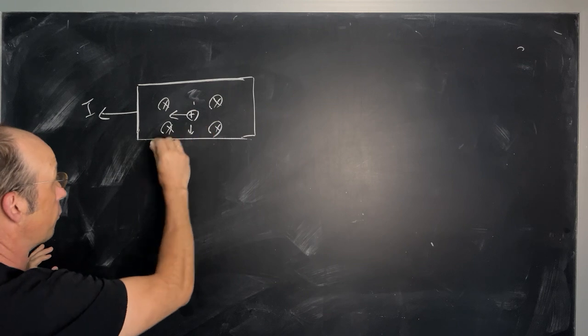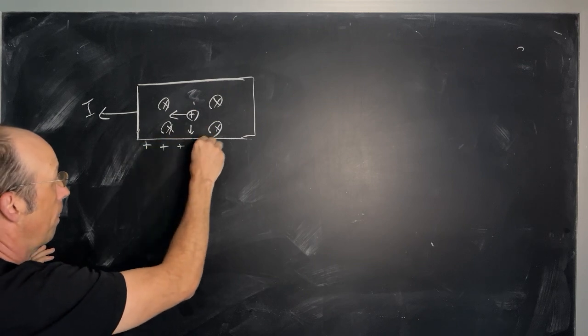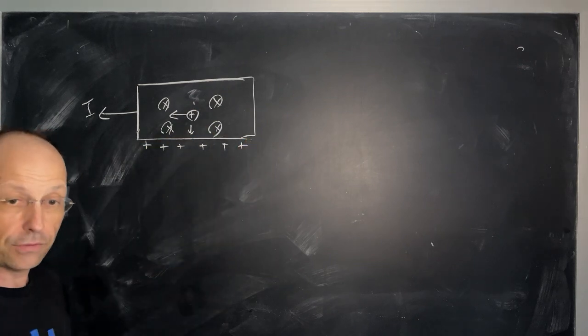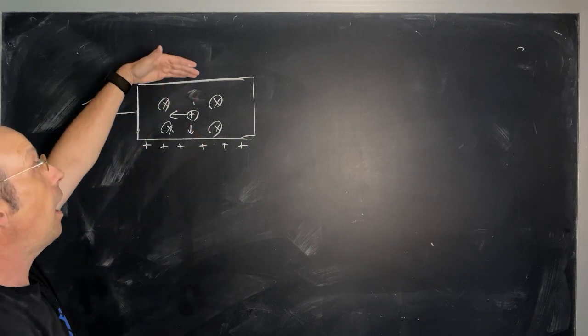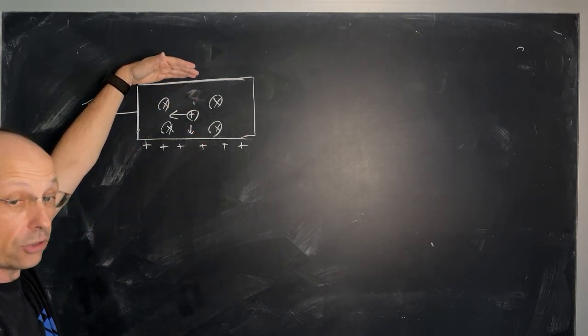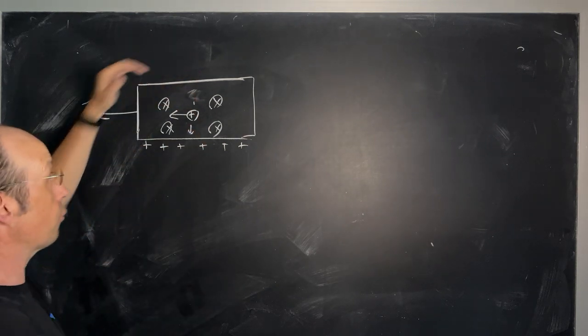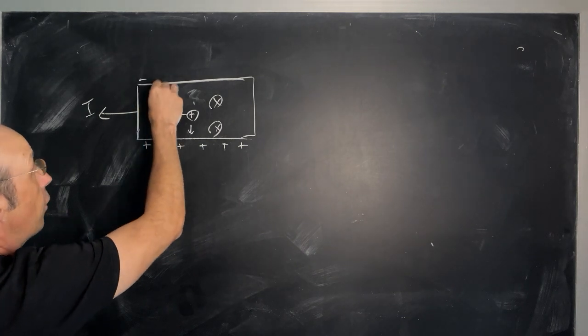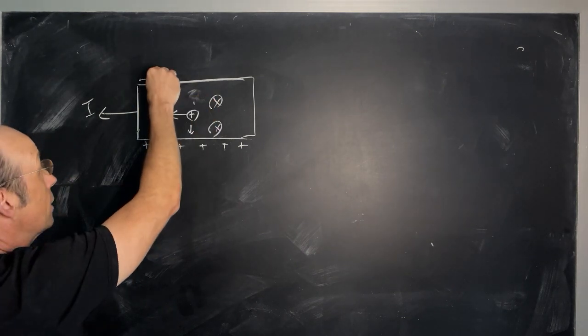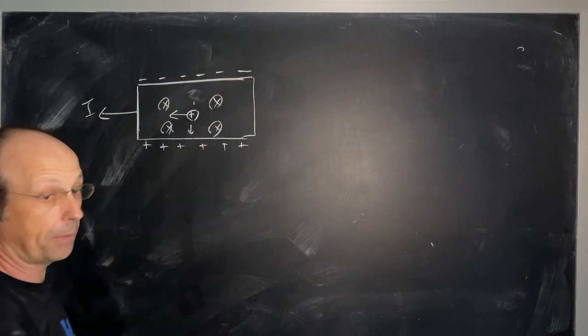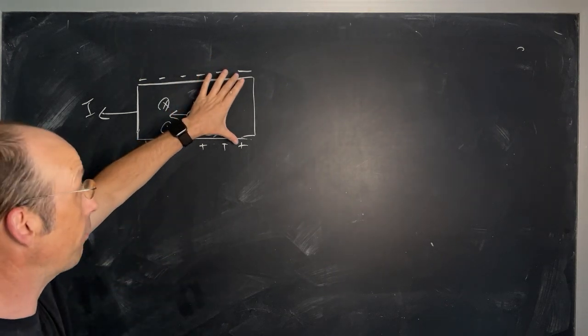So what's going to happen is these particles are pushed to the bottom, and I'm going to get positive charge down here. That means that since the wire is overall neutral, I'm going to get leftover cores up here that don't have positive charges. So I'm going to get negatives up there. So I'm going to get a charge separation.